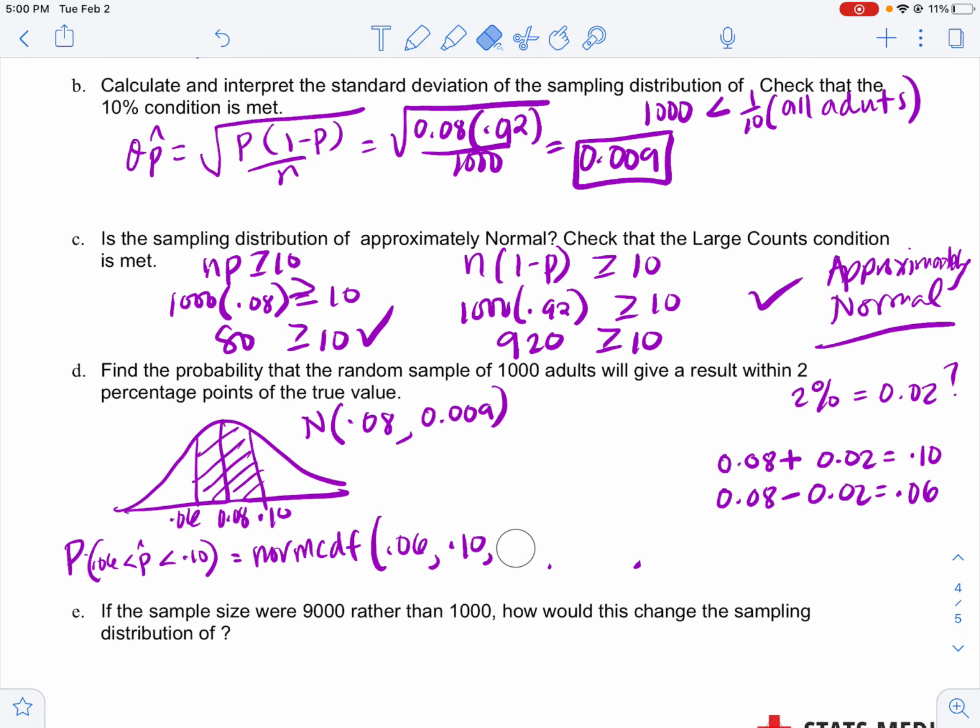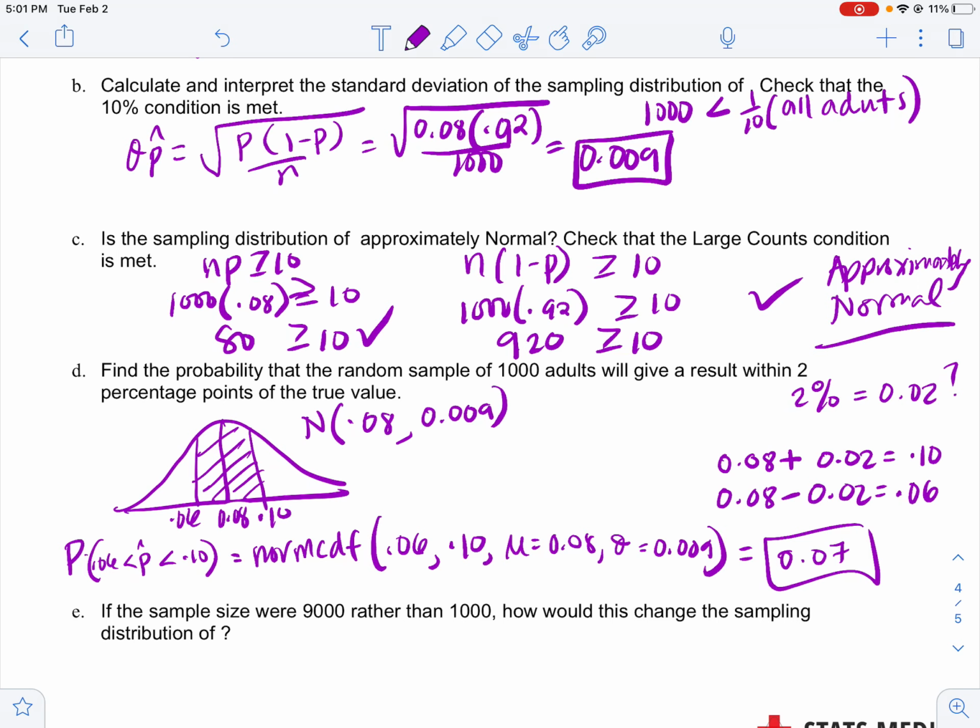When I click enter, I get 0.07. Hopefully you got the same answer.